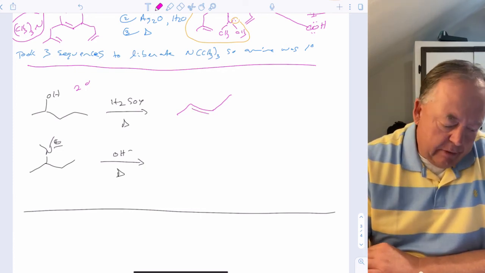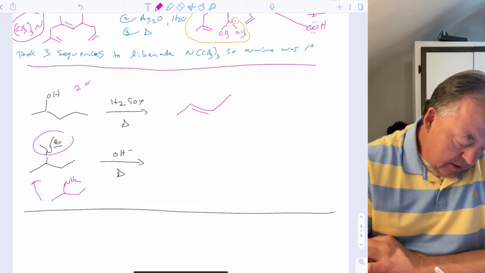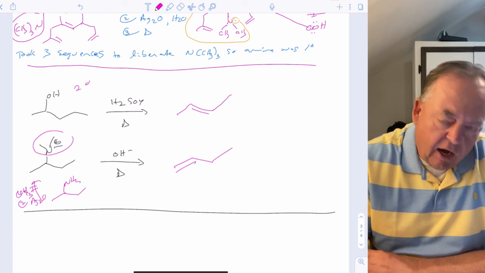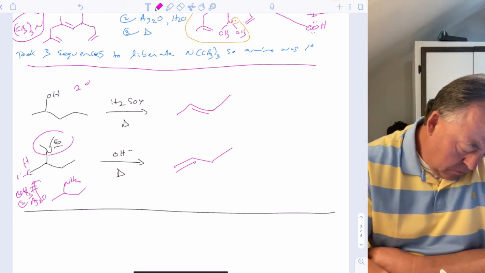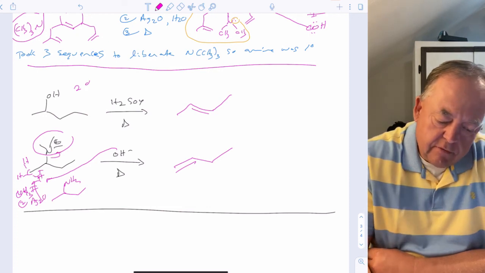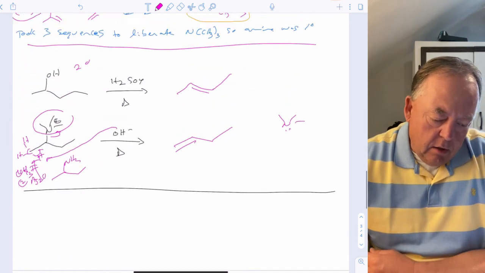But if you did the Hoffman elimination, so if you made the trimethylamine, so if you started with that and did the CH3I and then the silver oxide, and then heated that up, then you would make the Hoffman product, least substituted alkene. Right, where hydroxide would take a hydrogen from here. Those electrons become a double bond, and trimethylamine comes off.